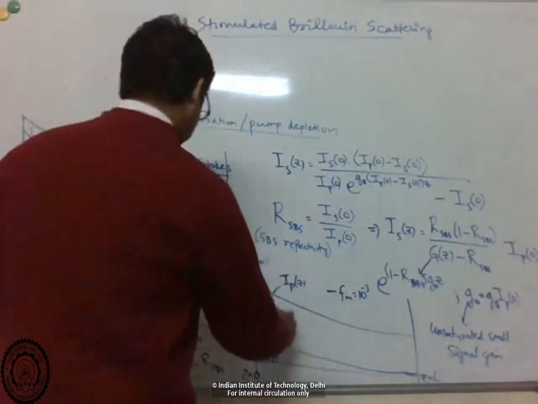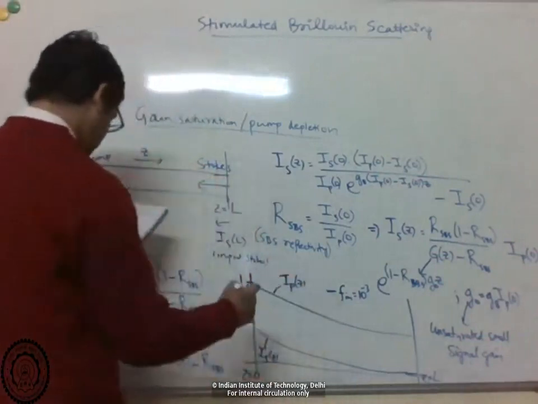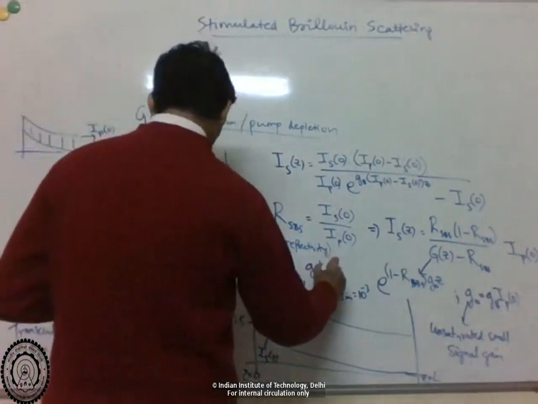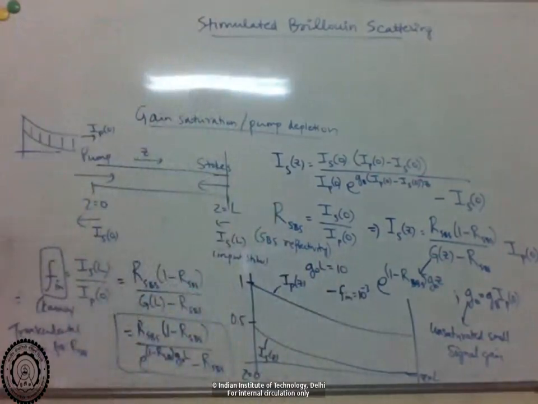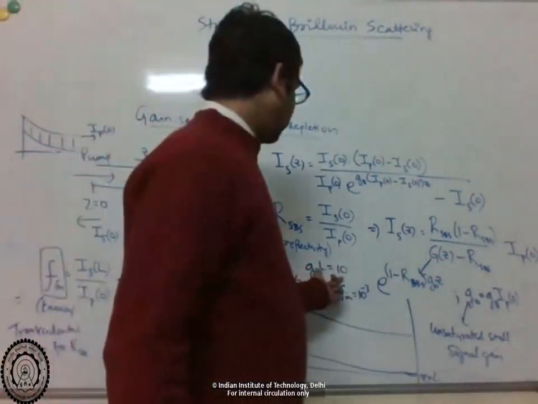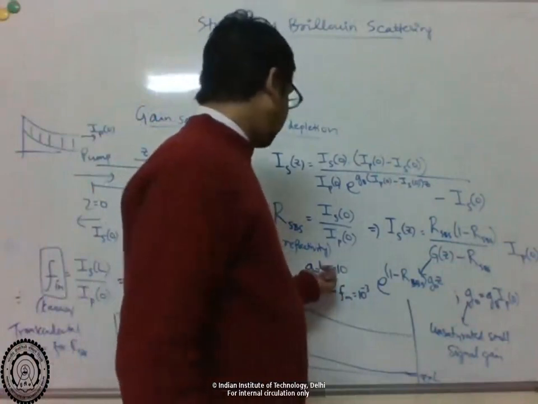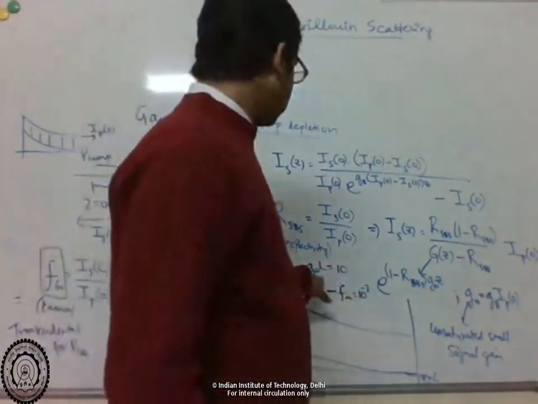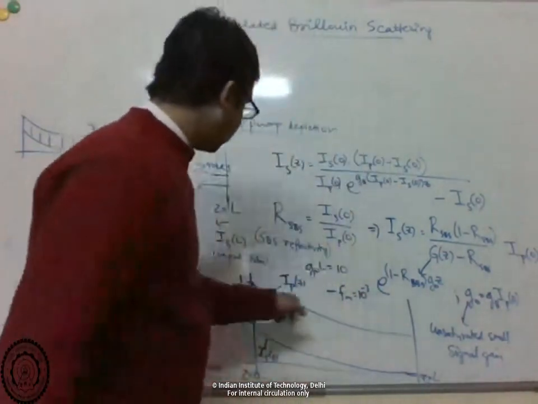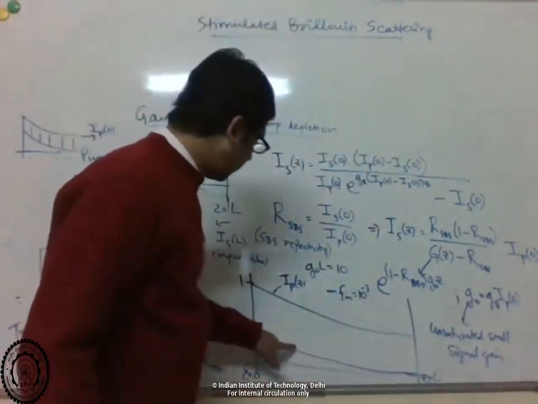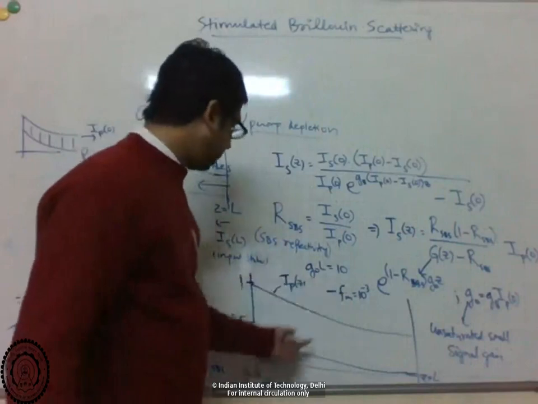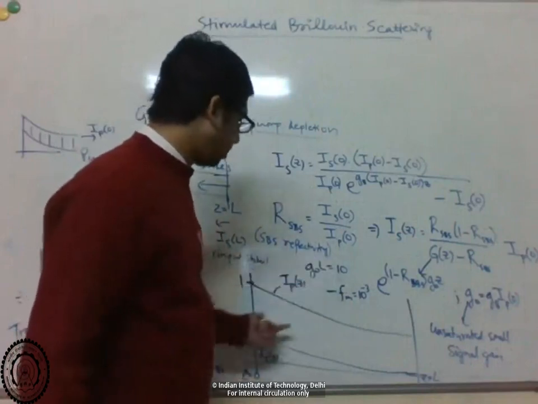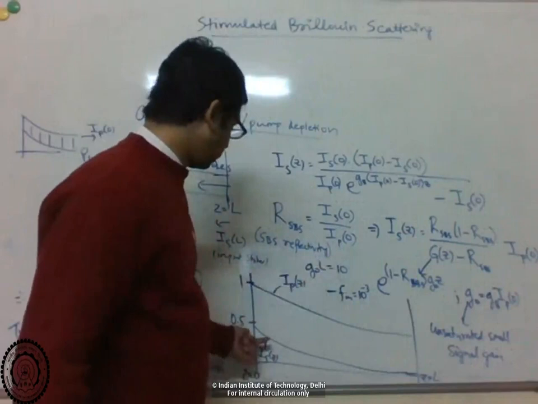So for this graph, G naught L is taken to be 10, so the unsaturated gain would be e to the 10. So in the pump undepleted limit, the gain should actually be e to the 10. But you can see that as the slope increases, now the pump is starting to get depleted. So the actual gain you get here is not e to the 10, but whatever, like 0.5 divided by 10 to the minus 3.